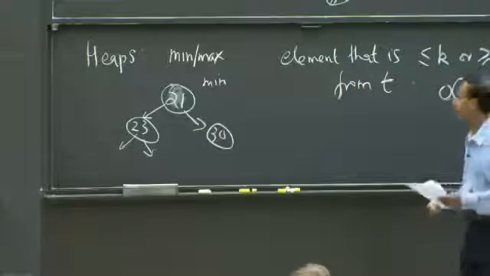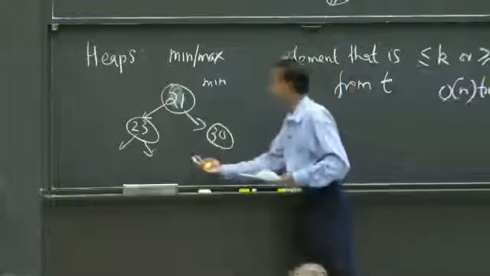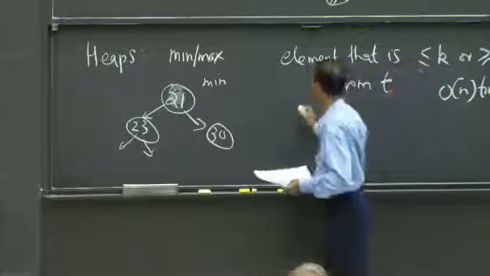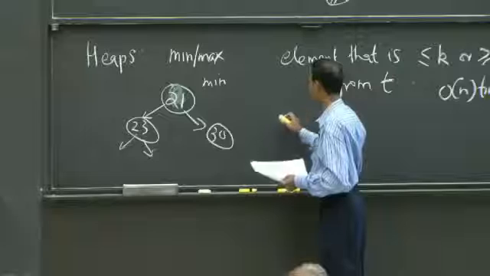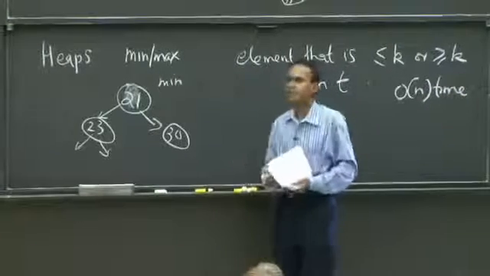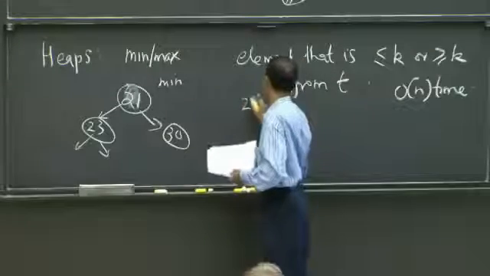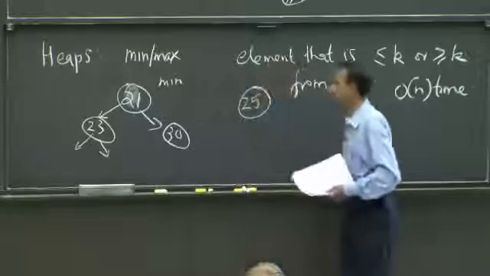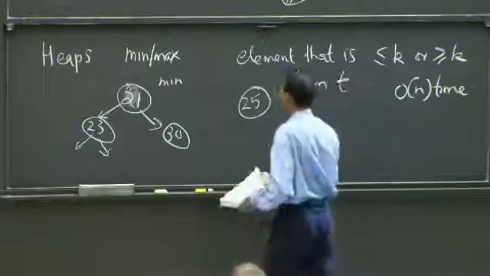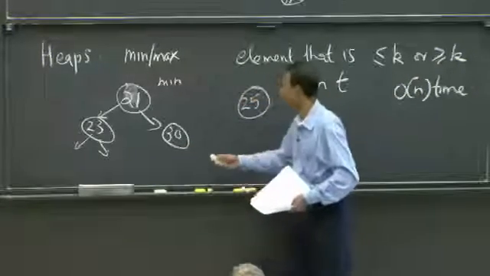The issue is that when you insert into a min heap, suppose you wanted to insert, for argument's sake, 25. I want to insert 25 into this. The insertion algorithm for a min heap typically adds to the end of the min heap.